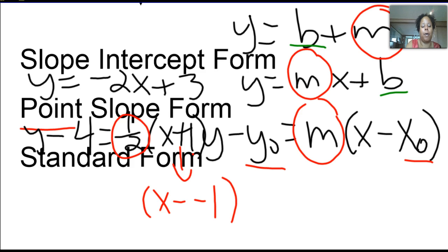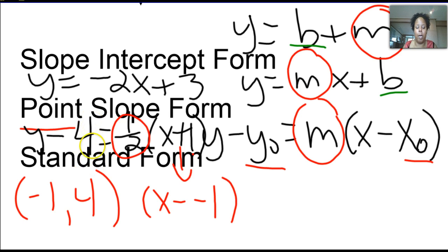So it crosses through the point (negative 1, 4). So again, this is an equation of the line. Now I can easily change the format and go from point-slope to slope-intercept, but it's going to be very helpful for us to deal with the point-slope form.